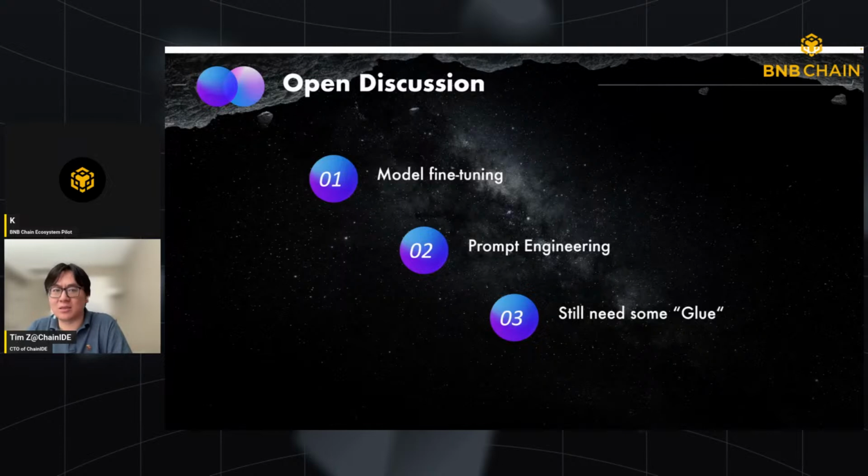I think that's also the direction of AIGC in general, not only for Web3 development but also for other tasks. It's like model fine-tuning, prompt engineering, and automated glue, an orchestrator to play the role of the glue.